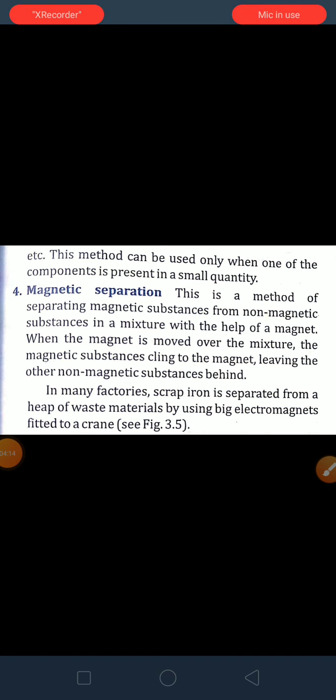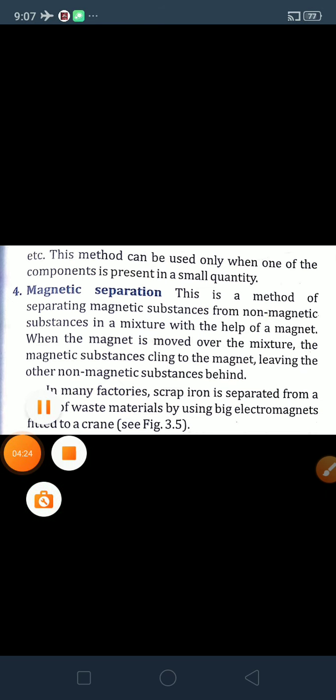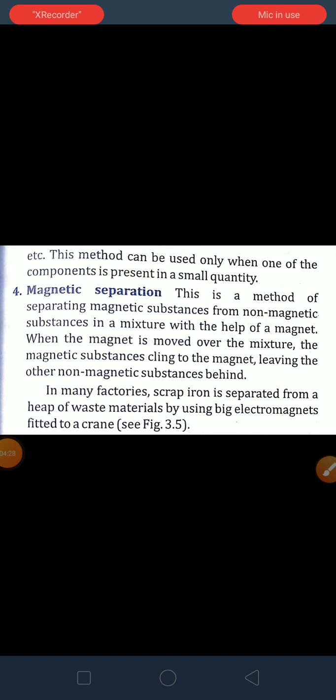In this method, it can be used only when one of the components is present in a small quantity. That means undesirable components are present in small quantity, whereas the pure particles, what we desire to get, are in high amount as compared to the undesirable components.